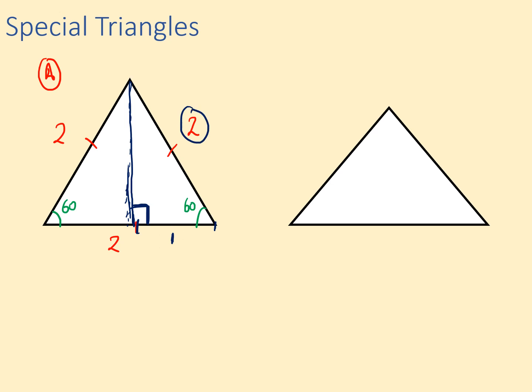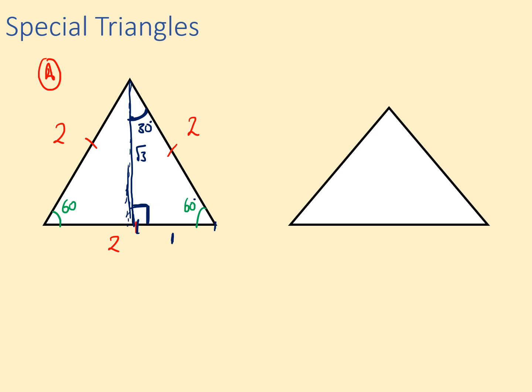And then the square root of that is the square root of 3. So the height of the triangle is root 3. I've cut the 60-degree angle at the top in half, so I've just got 30 degrees there, 60 degrees at the base, and 90 at the bottom.